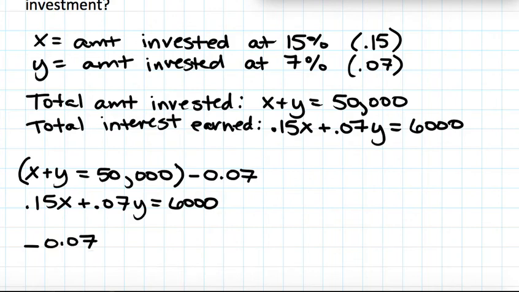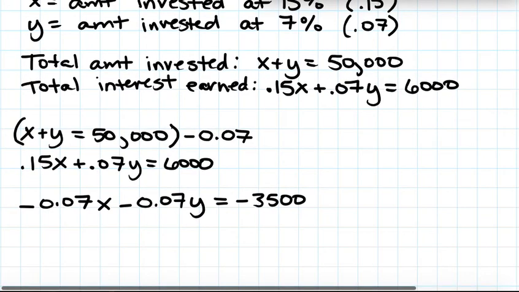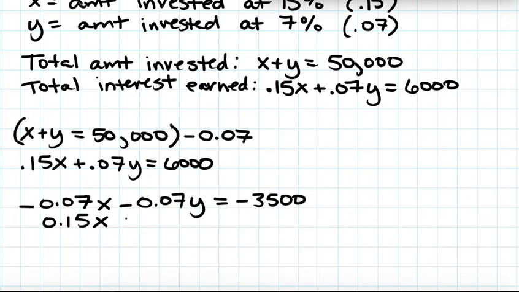So negative 0.07x minus 0.07y. Everything needs to be multiplied by that 0.07. 50,000 times negative 0.07 is going to be negative 3,500. Then I need to add. I'm going to put leading zeros in here since I want to be consistent with how it looks.